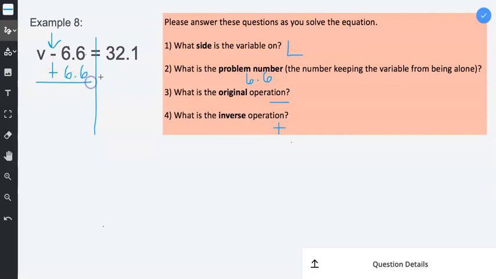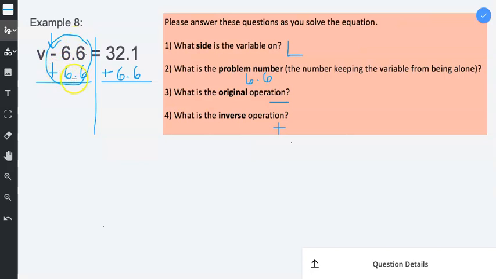Remember, when it comes to operations that involve either addition or subtraction, how we get rid of a number is by using the idea of a zero pair. So if this is a -6.6 and this is a +6.6, they cancel each other out. That's something you learned in 6th grade. You're supposed to learn about zero pairs.